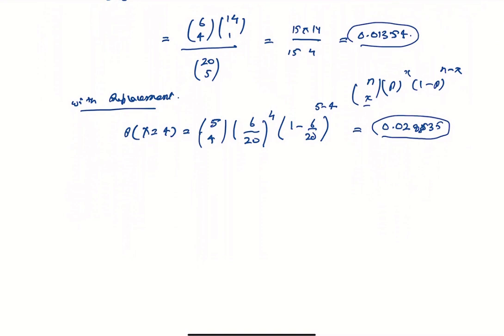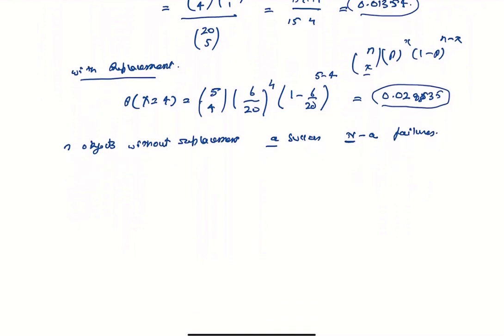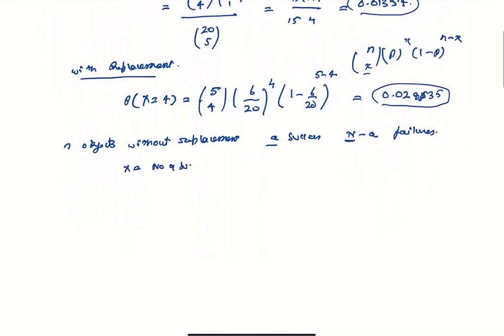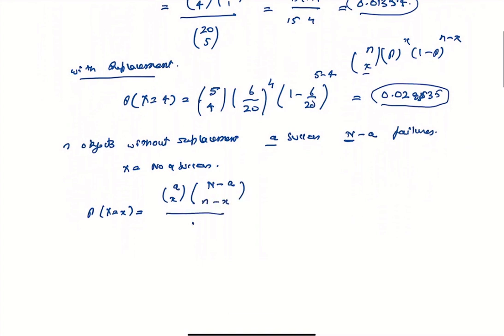If we are randomly selecting n objects without replacement from a source that contains a successes and N minus a failures, where big N is the total number of objects in the source, and x represents the number of successes, then p of x is equal to a choose x times N minus a choose n minus x, divided by N choose n.